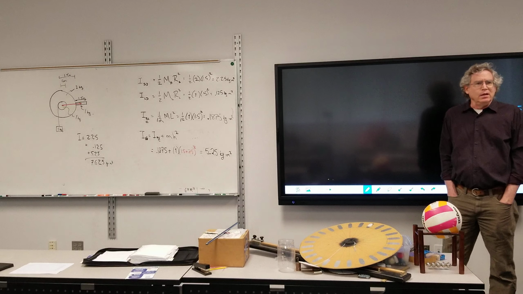Down positive. That would make sense. All right, what's the equation of motion? Force, that would be weight minus tension equals MA.